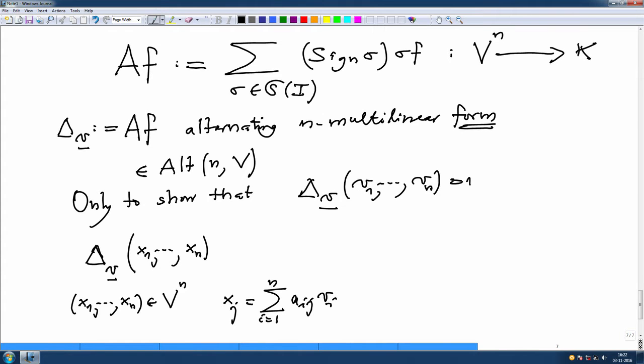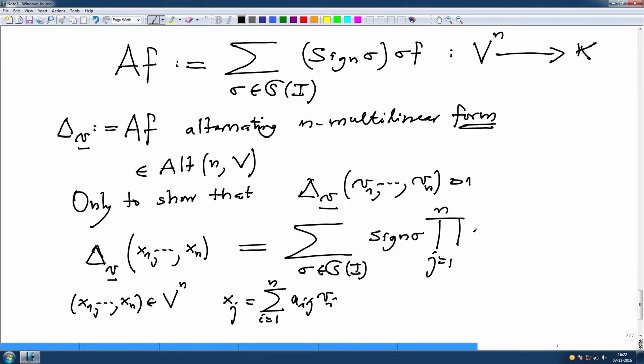By the above, because it is alternating and so on, we know the formula. This is the summation over permutations sigma of sgn sigma, product j equal to 1 to n of a sigma j, times delta V evaluated at V1 to Vn.